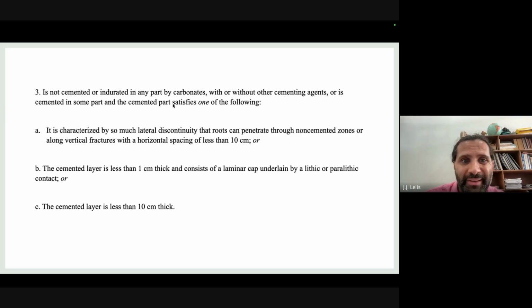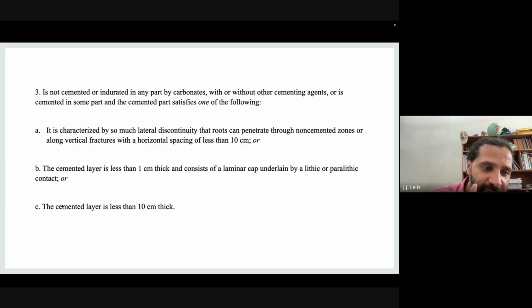And if you register some cementation, it's not preventing root penetration, so the roots can penetrate through some fractures, through some voids that are quite common. The distance between these voids is less than 10 centimeters. The cemented layers or parts are less than 1 centimeter thick and consist of some laminar caps underlain by a lithic or paralithic contact, so they are more connected by a partial decomposition of rocks.